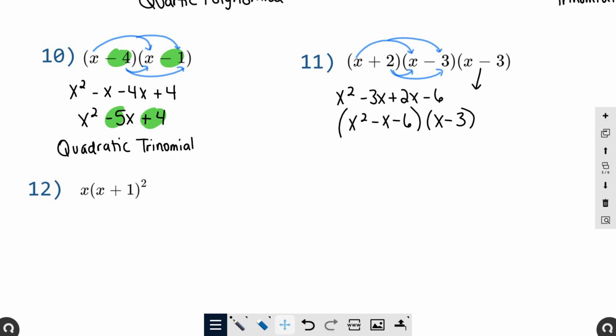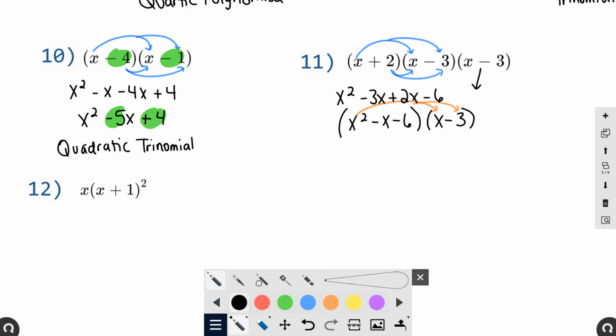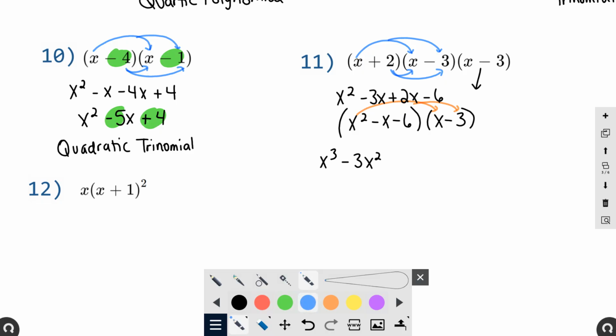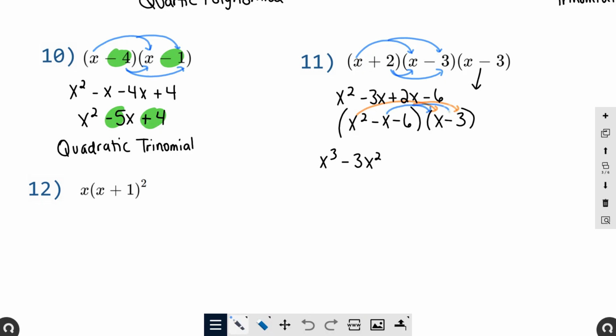Now, to multiply these, you distribute until you can't distribute no more. Okay? So I'm going to take my x squared and I multiply it first. So what is x squared times x? X to the third, if there's a power times a power, so I add. What's x squared times negative 3? Negative 3x squared. Then take your negative x and you're going to distribute it.